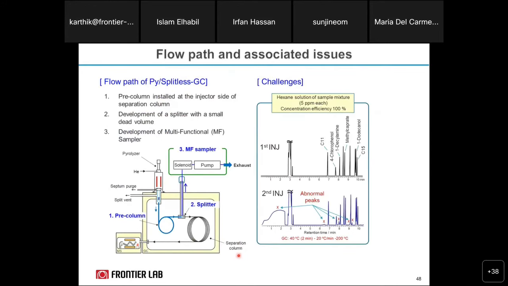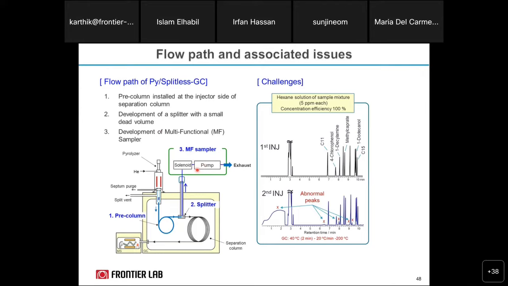So our lab has come up with a new device. It's called a multifunctional splitless sampler. It has three things: one is the pre-column, the second is the splitter, and the third is a solenoid valve for pumping the system to increase the flow rate during the analysis.